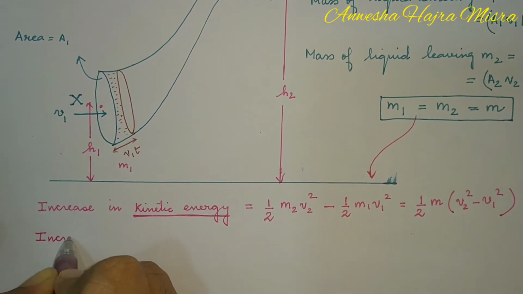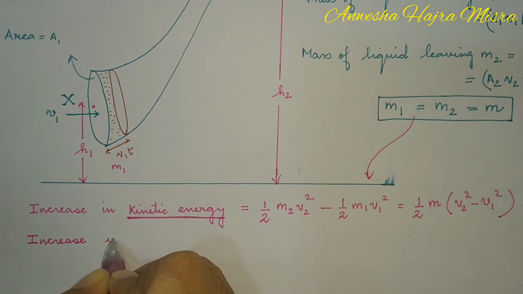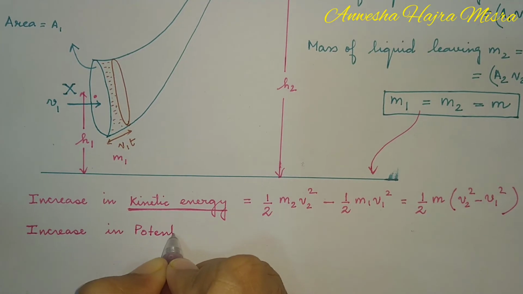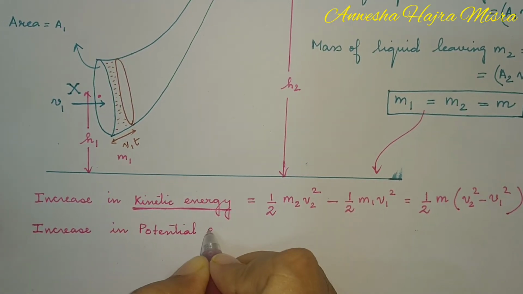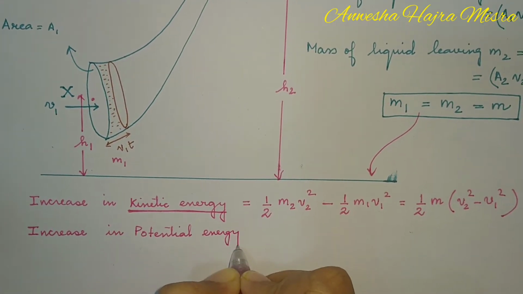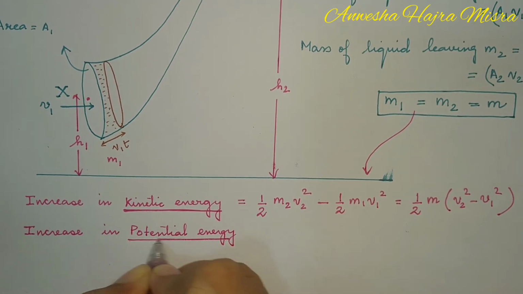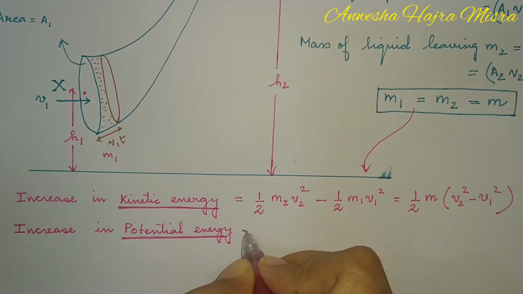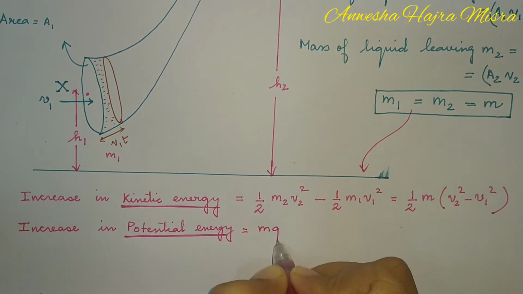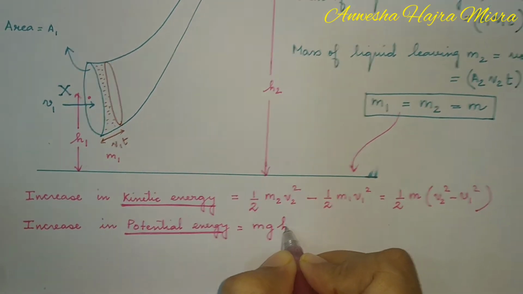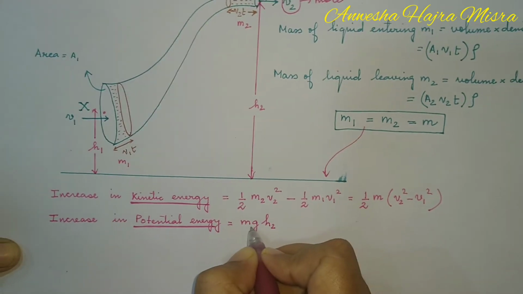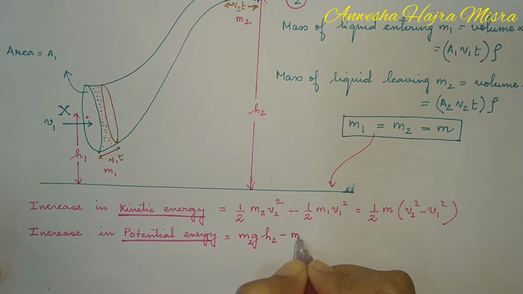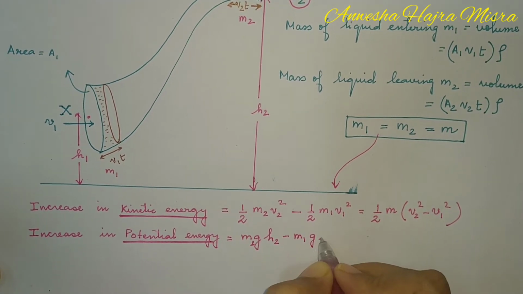So the increase in potential energy is m2 g h2 minus m1 g h1.